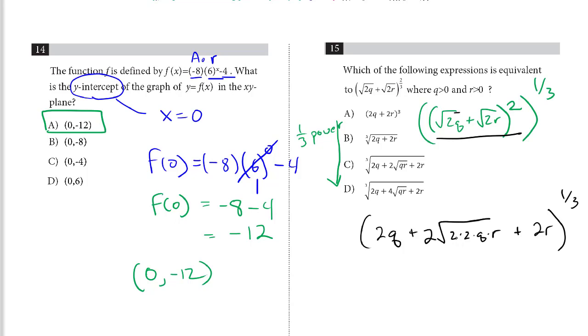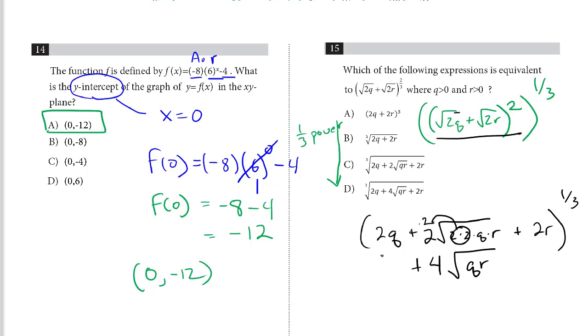Well, I can break out the square root of 2 times 2, which is the square root of 4, which is 2. So really this becomes 2 times 2, or 4, square root of qr. Notice these allowed me to pull another 2, so 2 times 2, outside of the radical.